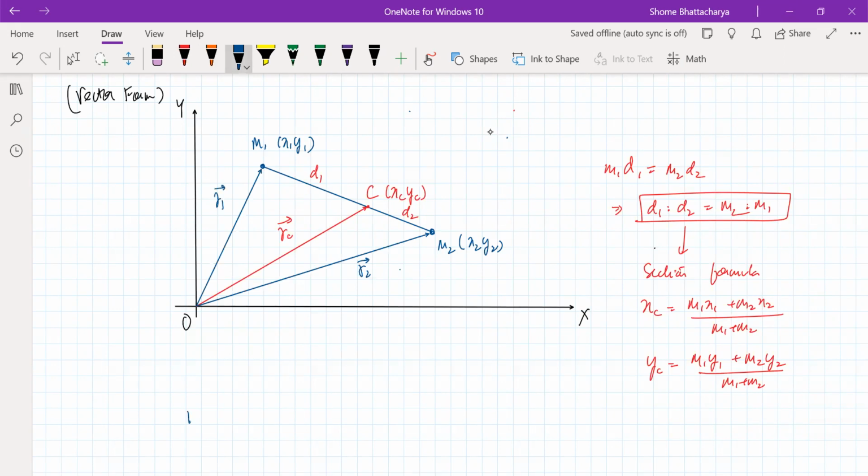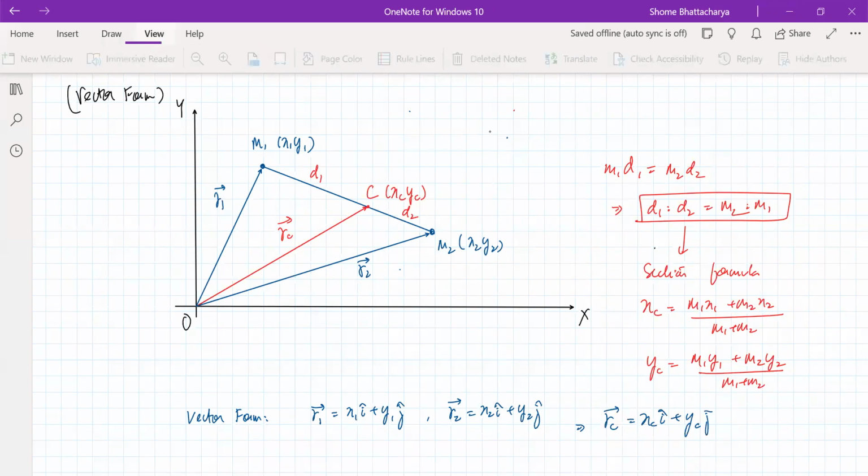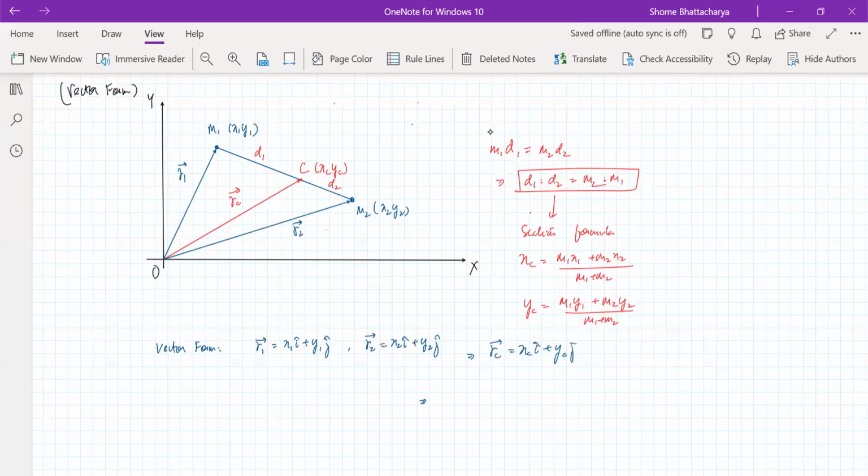So now when we write this in vector form, if the position vector of the first particle is R1, the position vector of the second particle is R2, then the position vector of the center of mass will be related to the individual position vectors in such a way that we can write it like this: the position vector of the center of mass is the weighted mean of the position vectors of the individual particles.